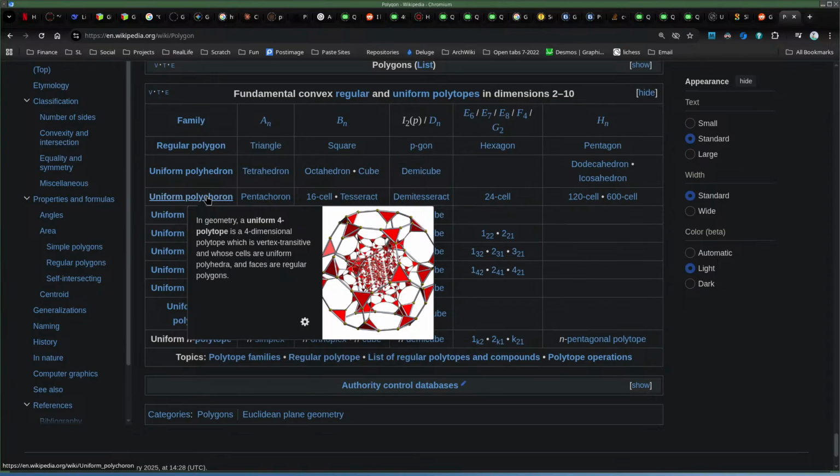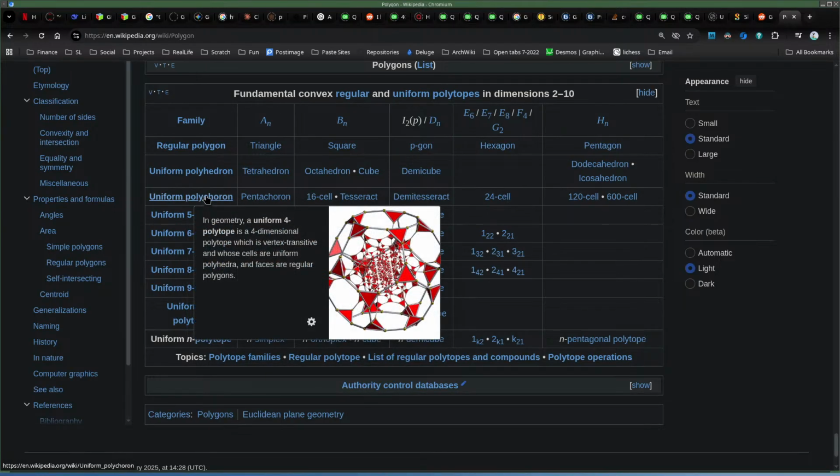It's 2 dimensions less than what you're talking about.